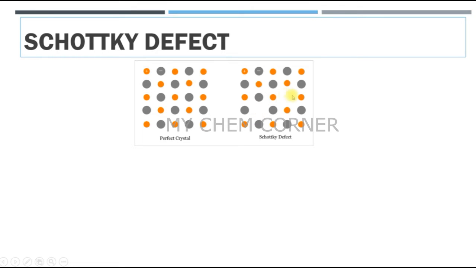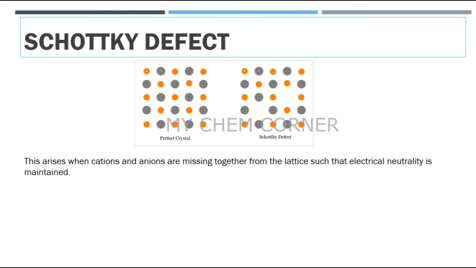So here we can conclude that a cation and an anion are both missing from the lattice so that they maintain electrical neutrality. This is the condition observed in a Schottky defect.